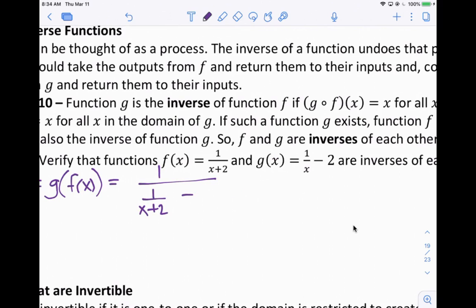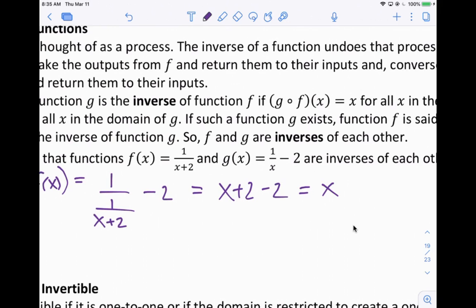Oh, I apologize, that's not quite the right way, because that 2 is not underneath. Sorry about that. That minus 2 is on the outside. So what happens here? The 1 over flips this fraction back to a whole polynomial, x plus 2, and then we see those like terms, plus 2 minus 2, cancel. We get an x. Beautiful.